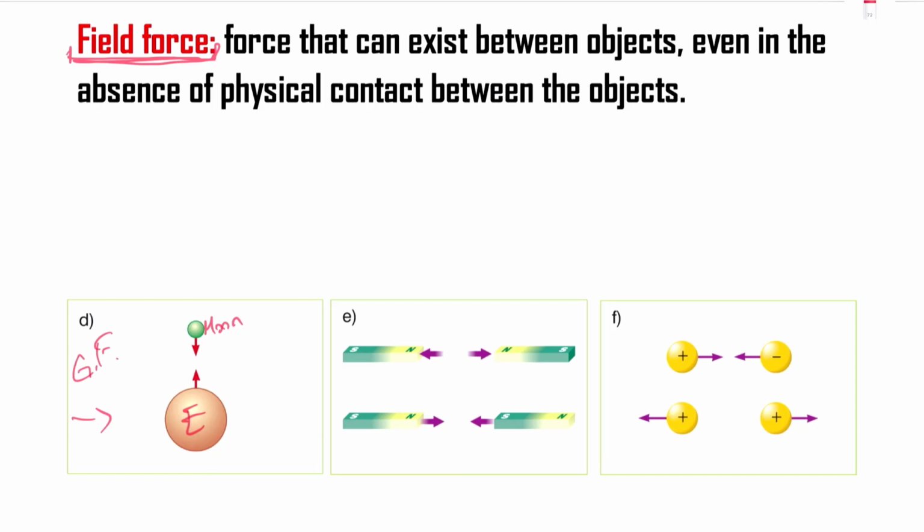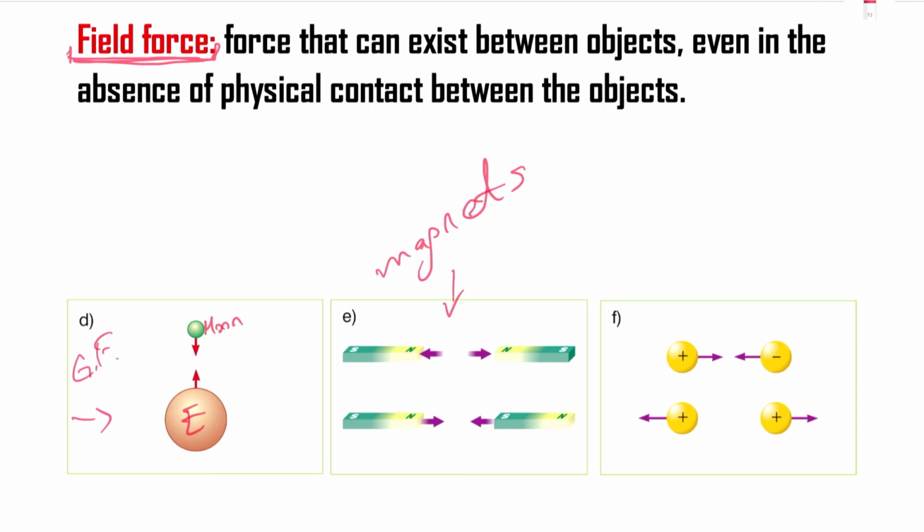In our daily life, everyone commonly knows magnets. As you know, like poles of a magnet repel each other, and unlike poles attract each other. This attraction and repulsion doesn't happen with contact.